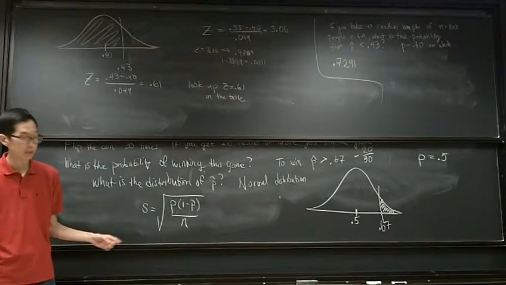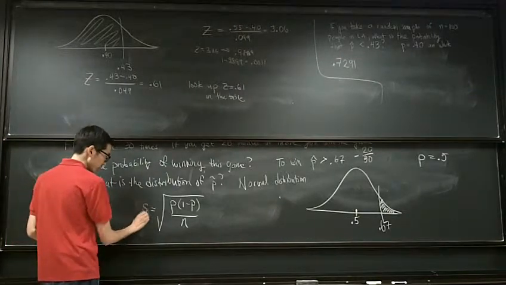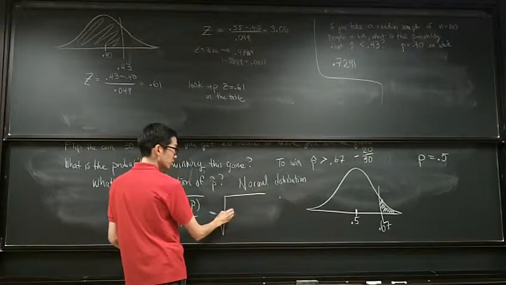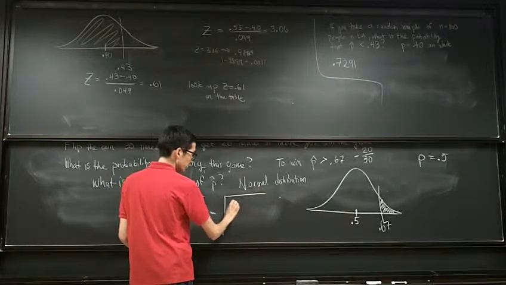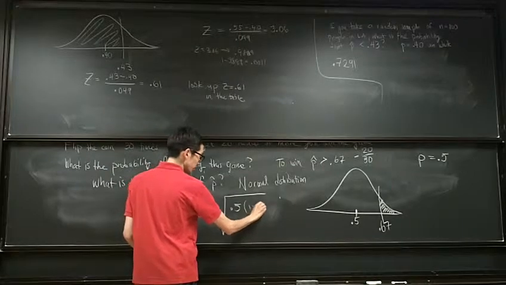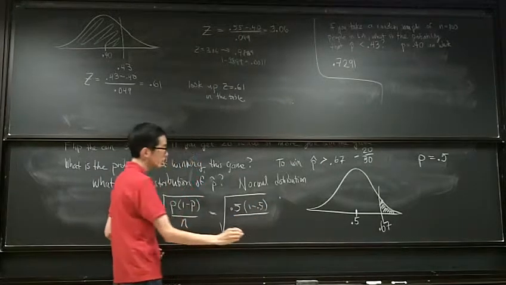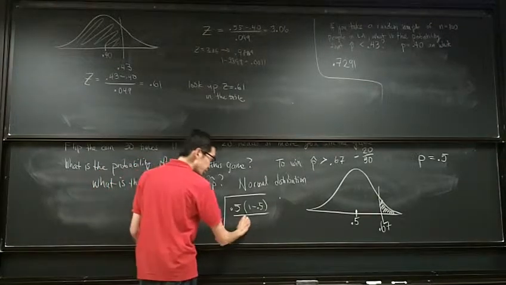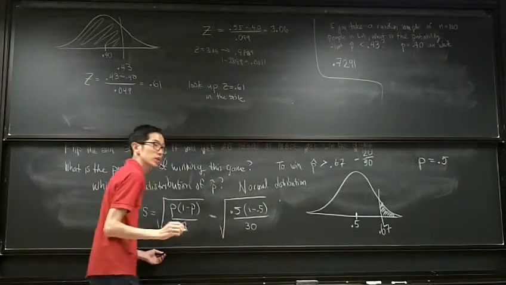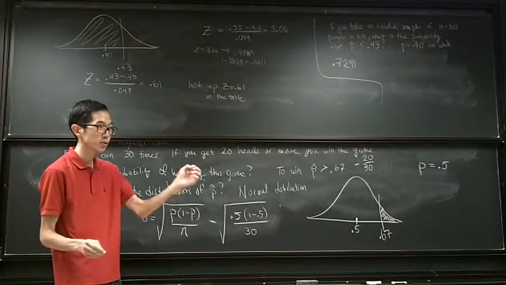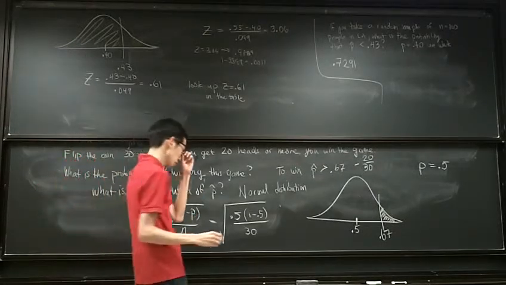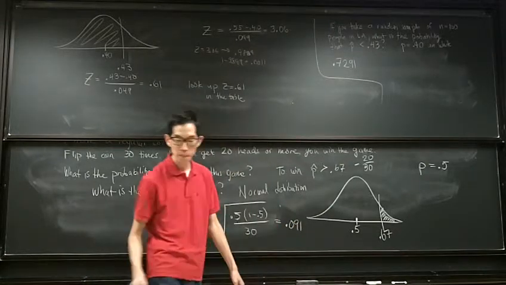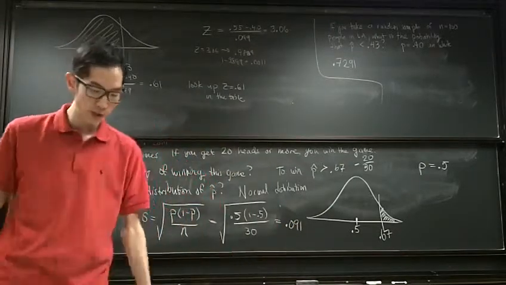It's my standard deviation, my sigma. So I'm going to put in, what is p? 0.5. And 1 minus p, which is also 0.5. And what's n? 30. I'm flipping the coin 30 times. That's the size of my sample, 30 coin flips. So my standard deviation is 0.0913.